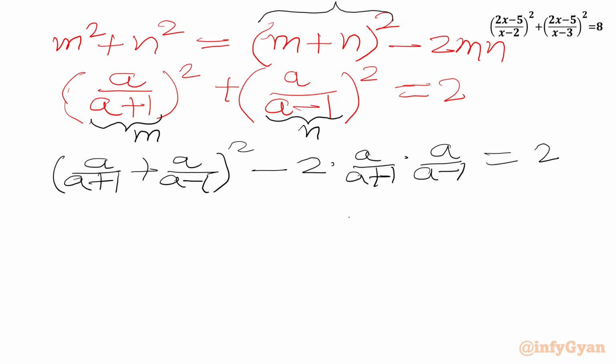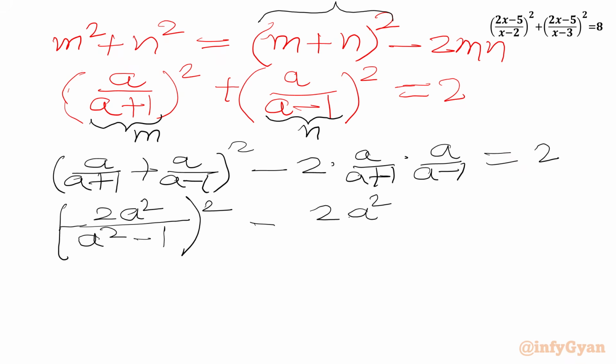Now we have to simplify this bracket first. a square minus a plus a square plus a. So we will get 2a square in the numerator, and in the denominator we have a plus 1 times a minus 1. Using difference of squares identity, we will get a square minus 1 whole square minus 2a square over a plus 1 times a minus 1.